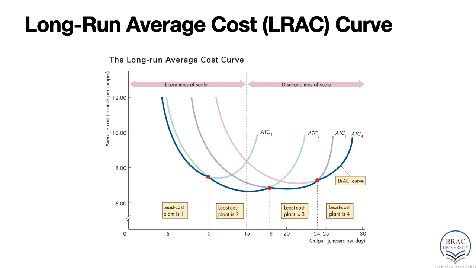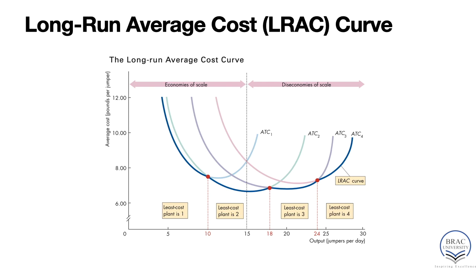As you can see here, for output up to 10 jumpers a day, the average total cost is lowest on ATC1. For output rates between 10 to 18 jumpers a day, average total cost is lowest on ATC2. While for output rates between 18 and 24 jumpers a day, average total cost is lowest on ATC3.